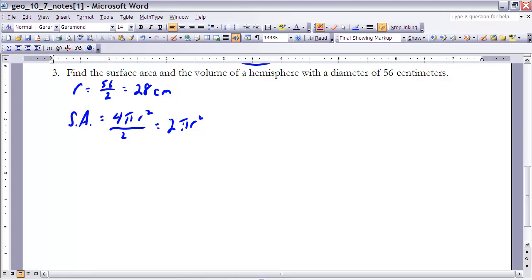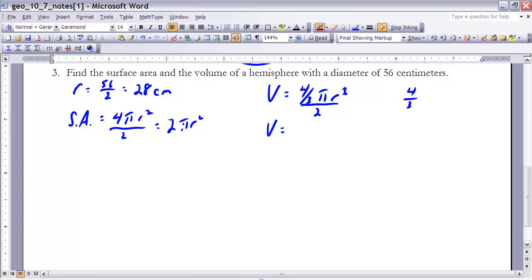And then if I'm looking at the volume, the volume of the sphere is 4/3 pi r cubed. But I want to find it for a hemisphere, so I'm going to divide that by 2. Some of you have trouble with this: the pi r cubed can stay alone, but for 4/3 divided by 2, think about that.